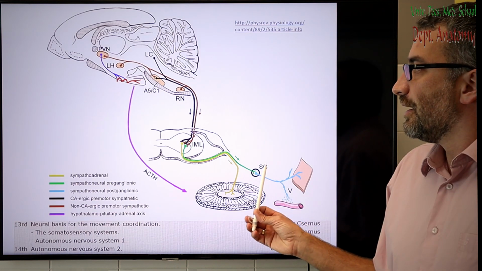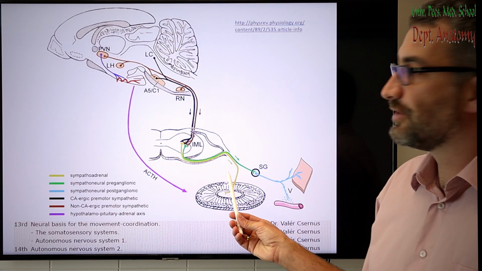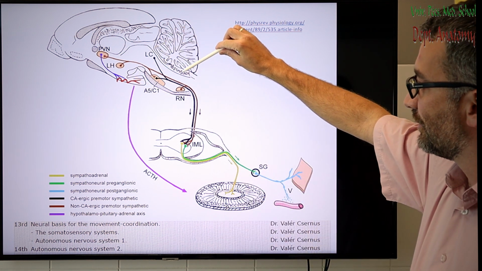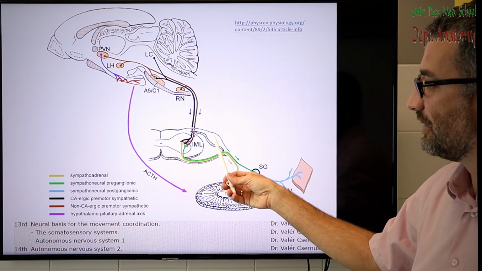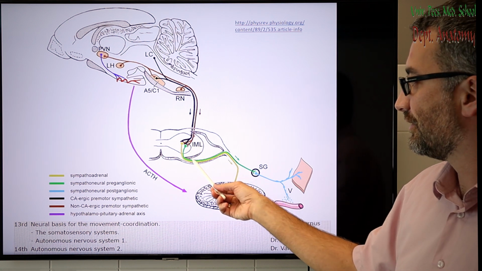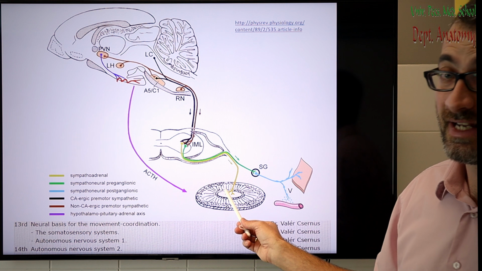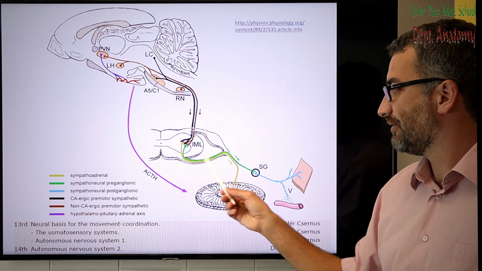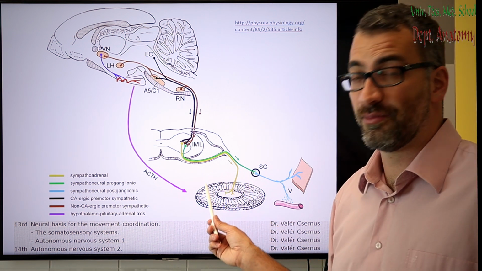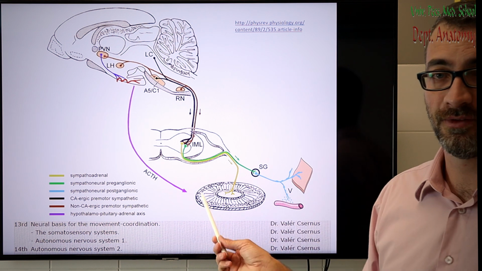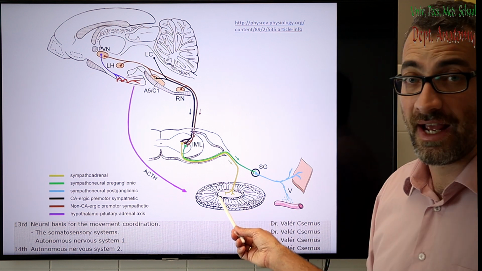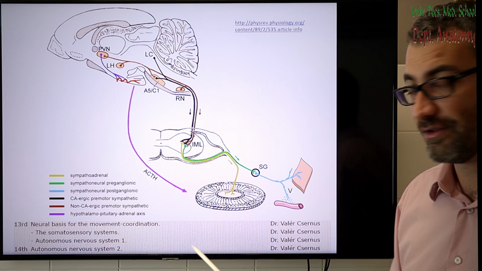It is the same, which means hypothalamic centers for autonomic regulation are connected to the intermediolateral nucleus of the spinal cord, where the preganglionic neurons send their axons directly into the medulla of the adrenal gland. That is a very special relation here, because preganglionic neurons do not synapse with a ganglion cell, a nerve cell, but they end directly on a glandular tissue, endocrine tissue.